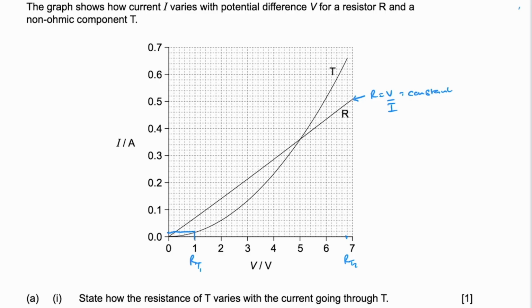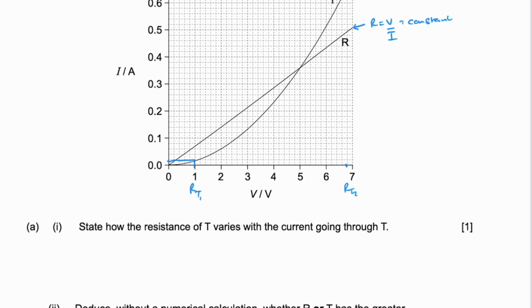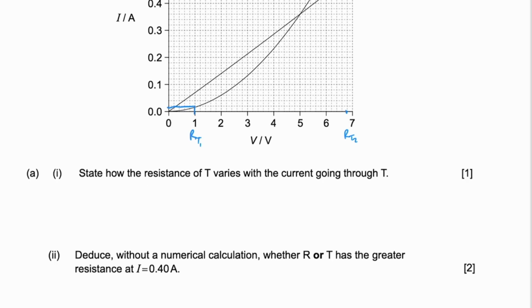And for that reason, this is a non-ohmic conductor. What's the question? 8.1. State how the resistance of T varies with current going through T.